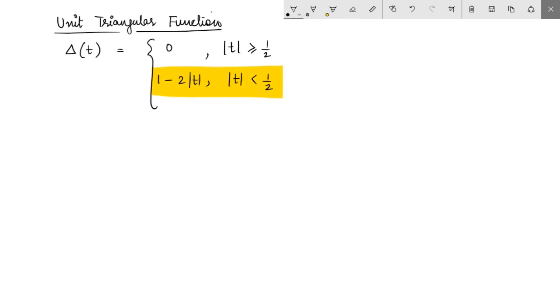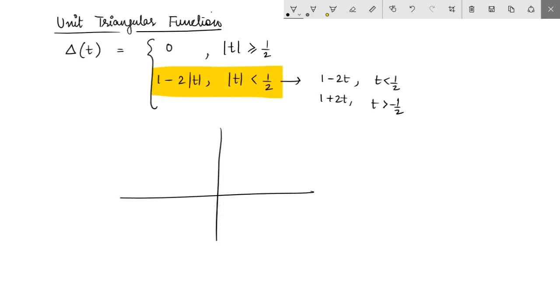This term means that this is 1 minus 2t when t is less than half, and this is 1 plus 2t when minus t is less than half or t is greater than minus half. So t greater than minus half is a straight line having a slope 2 and a y-intercept of 1.